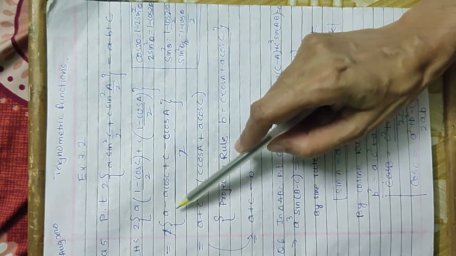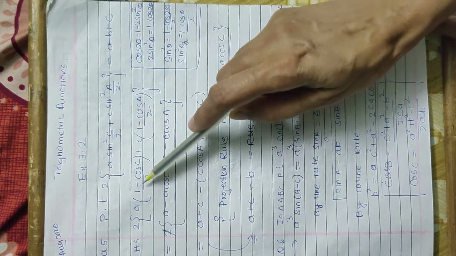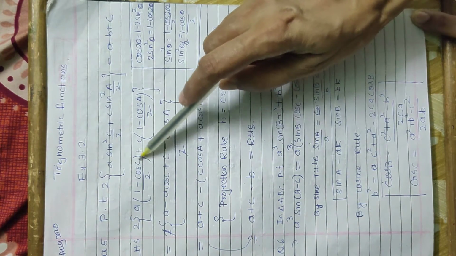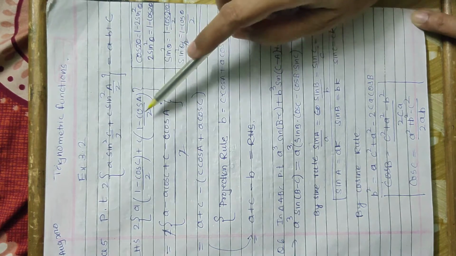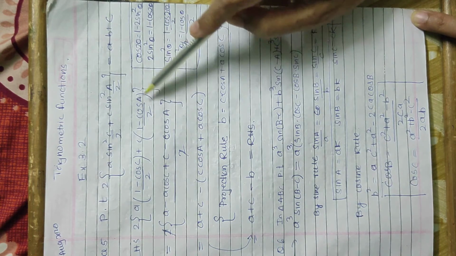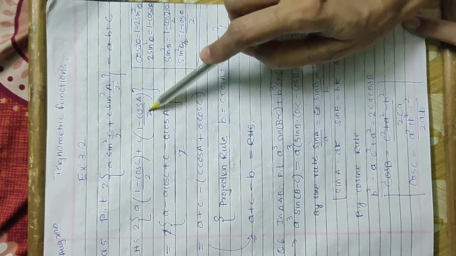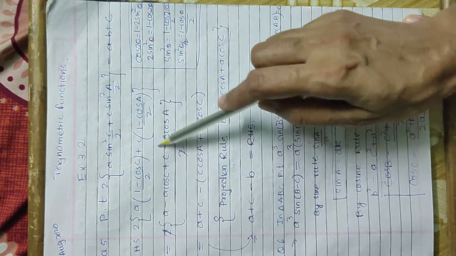Now a into sin square C by 2 becomes a into (1 minus cos C) upon 2, plus c into (1 minus cos A) upon 2. Now the denominator is the same, so we can add them and cancel this 2.